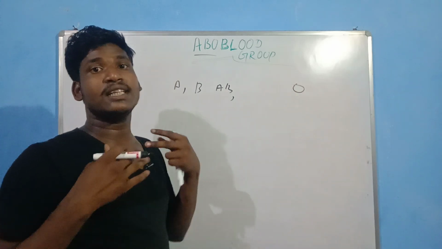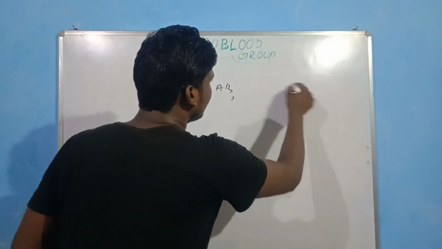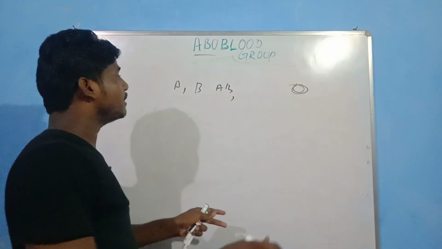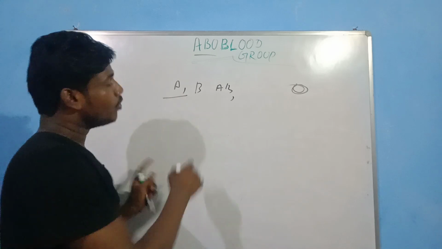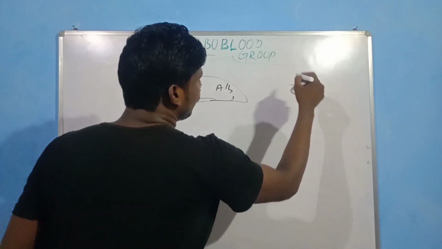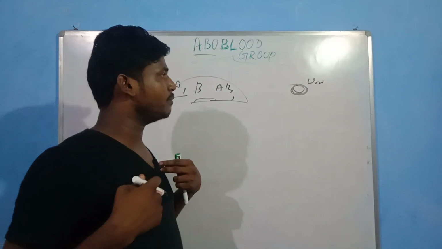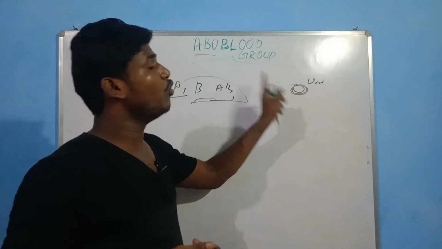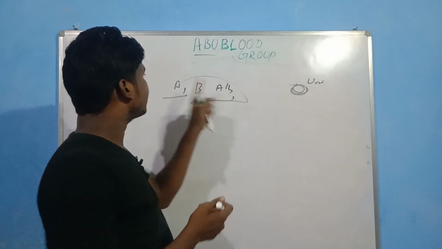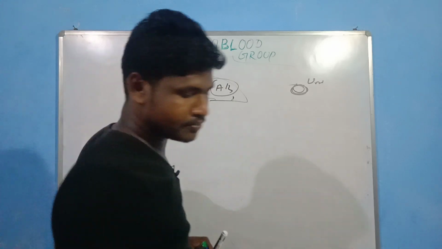But the reverse is impossible: O blood group cannot receive from A, B or AB blood groups. So O is a universal donor; it can only donate and can only receive from O.